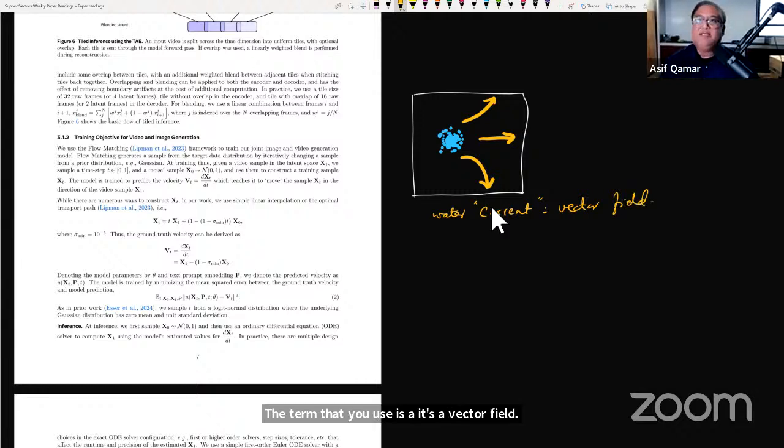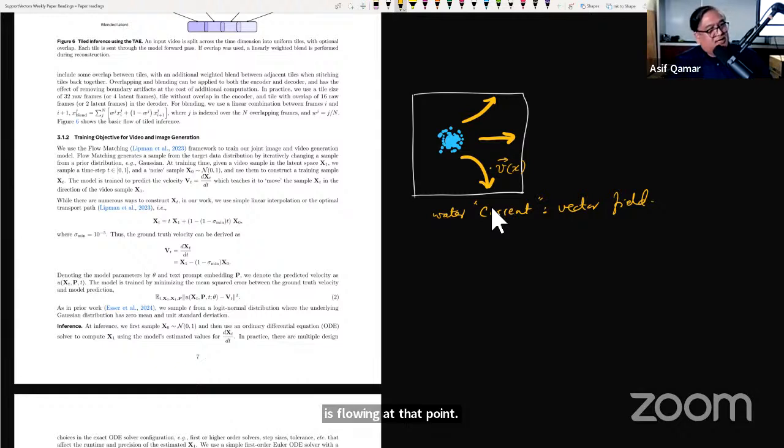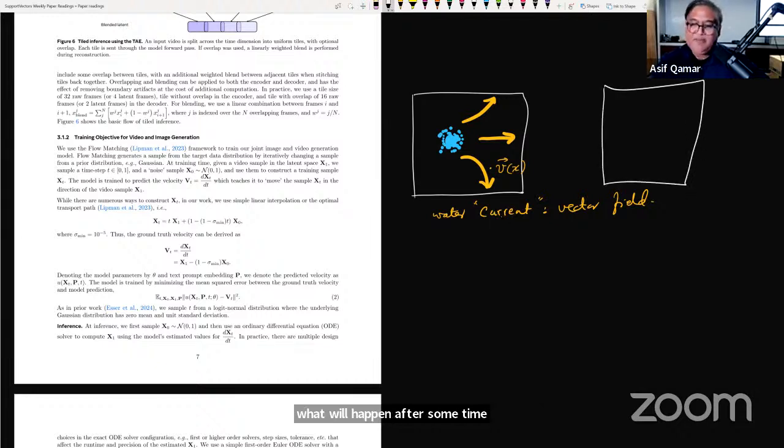Because at any given point, there is a speed to the water. There's a vector that gives you how fast the water is flowing at that point. Make sense? So because this field is there, after a little bit of time, this little drop has moved forward, and it has spread out a little bit.